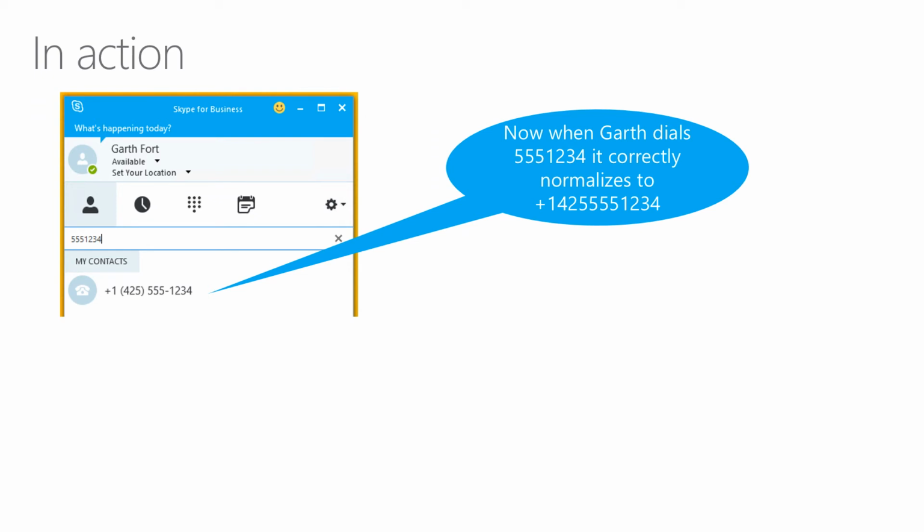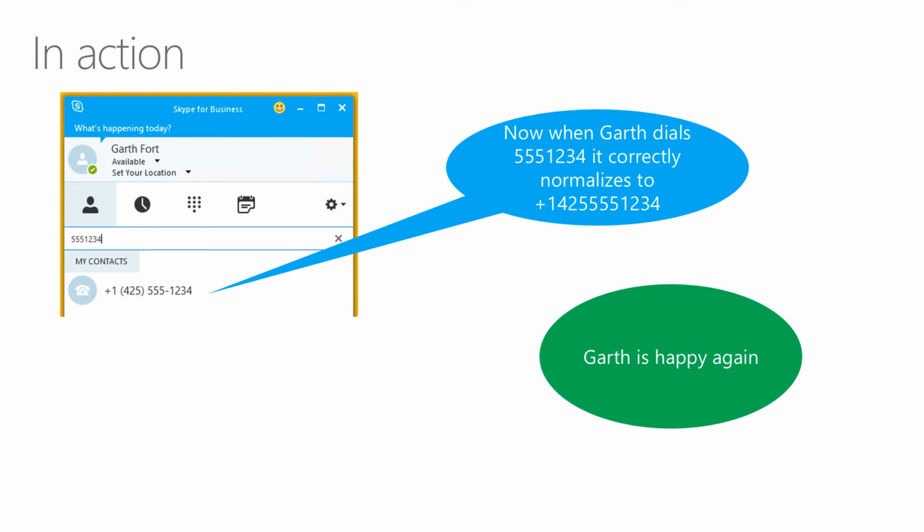Now, Garth is signed out, signed back in, and when he receives his new normalization rules, he's able to dial 5551234, and it correctly normalizes to +1 425 555 1234. Garth is happy again.